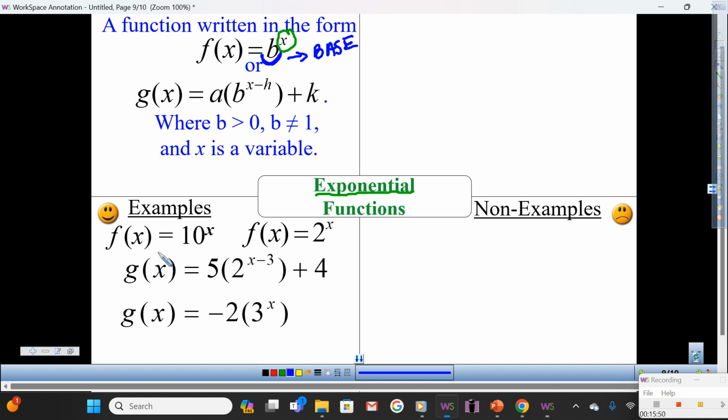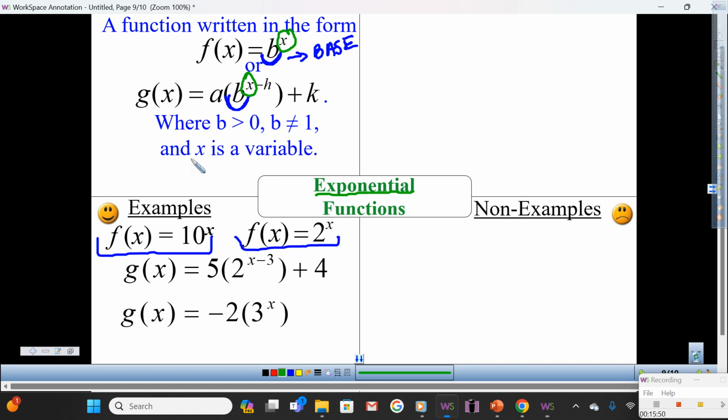All right? Now, this is straightforward, a parent function. We've seen that in the warm-ups. Did I have you do plenty of work with f of x equals 10 to the x and f of x equals 2 to the x? Yes, Mr. Q. All right. However, the transformed function, look up, we still have a base b, and we still have an x in the exponent.